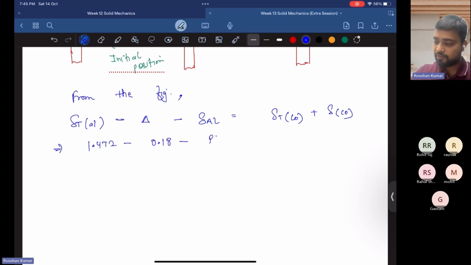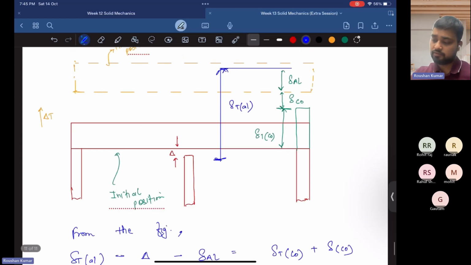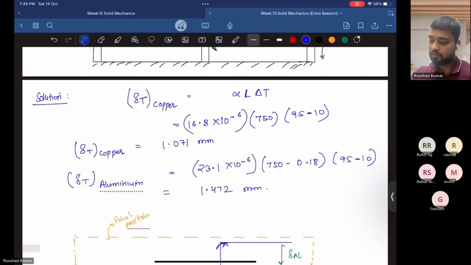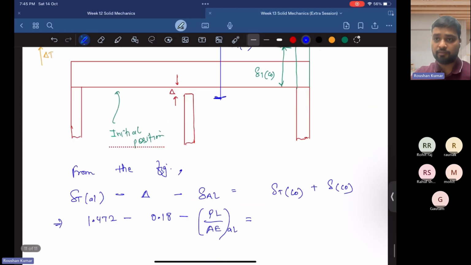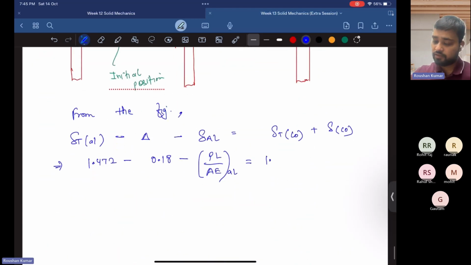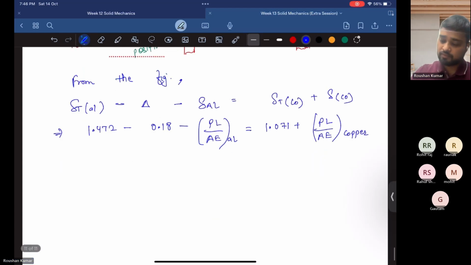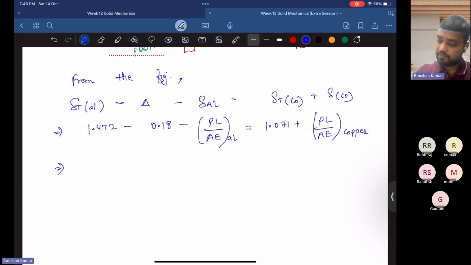Delta of the aluminum is given as PL upon AE of the aluminum, which is equal to delta T of the copper, already found, that is 1.071 mm, plus delta of the copper, given by PL upon AE of the copper. Now it is given as 1.472 minus 0.18 minus P.